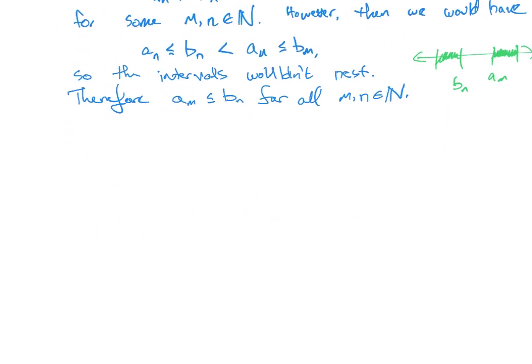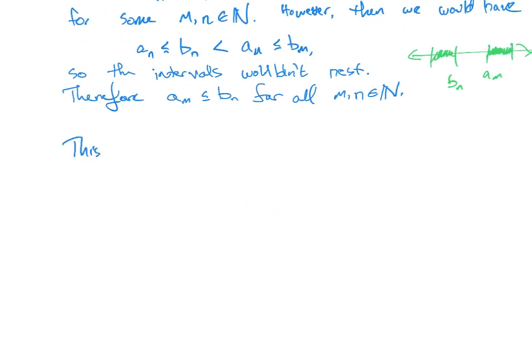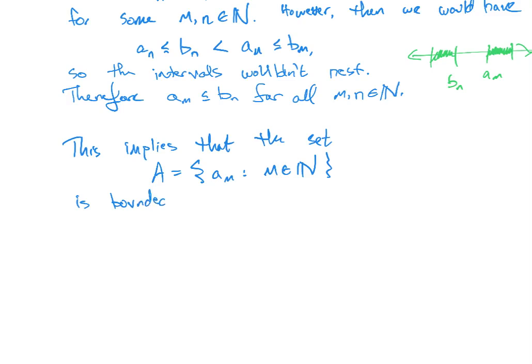So this implies that the set of all the A's is bounded above. It's also non-empty. There's at least one left endpoint, A1. All the other A's could be equal to A1, but there's at least one thing in that set.